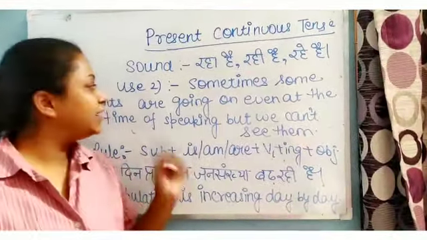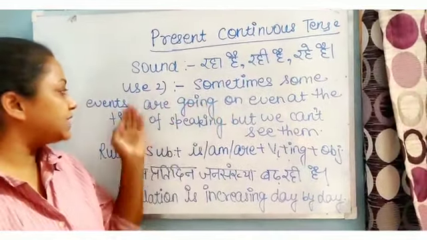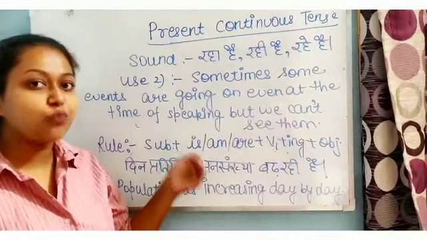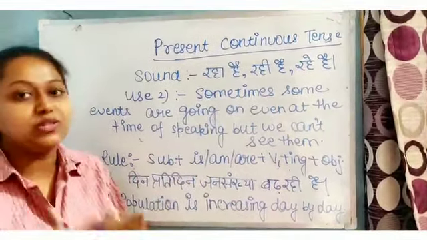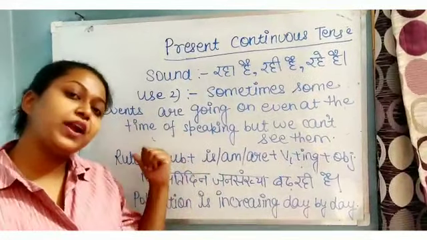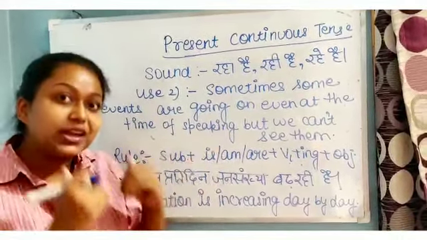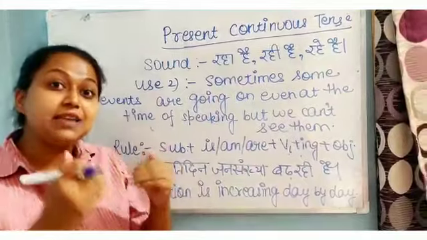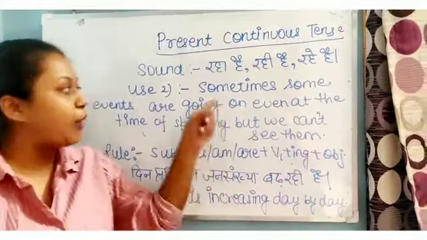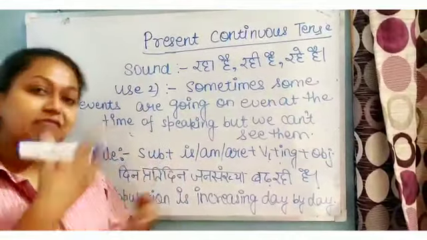Alright, now point number 2 is sometimes some events are going on even at the time of speaking. It means what? We are talking about those events, right? But we can't see them, right? Last point is what? We are talking about the events and those events are taking place in front of our eyes. For example, I am teaching English now, right? And the point number 2 is these events are going on.